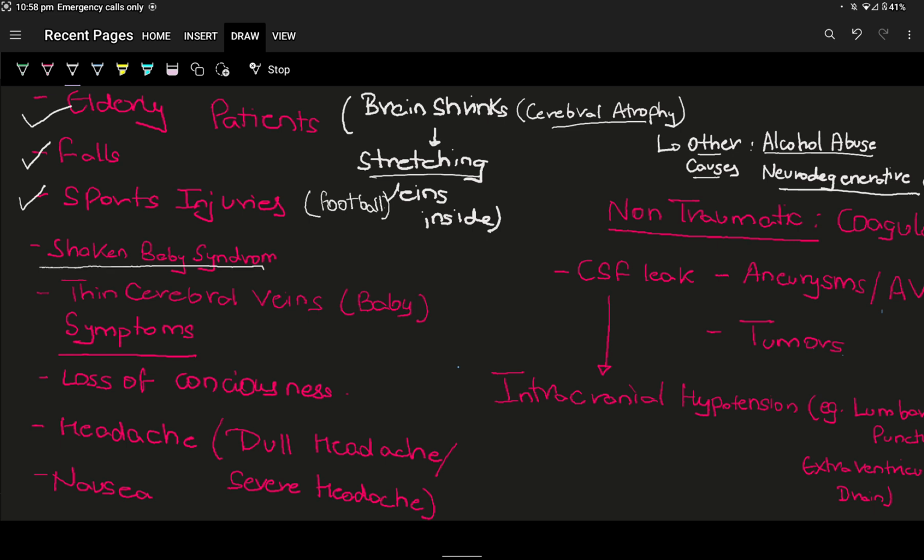In shaken baby syndrome, when the baby is forcefully shaken, the acceleration and deceleration movement of the baby's head causes the rupture of those cortical bridging veins, and because they are not well developed, these thin cerebral veins are at higher risk.